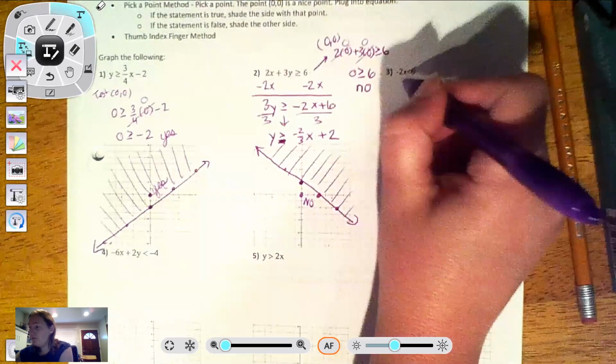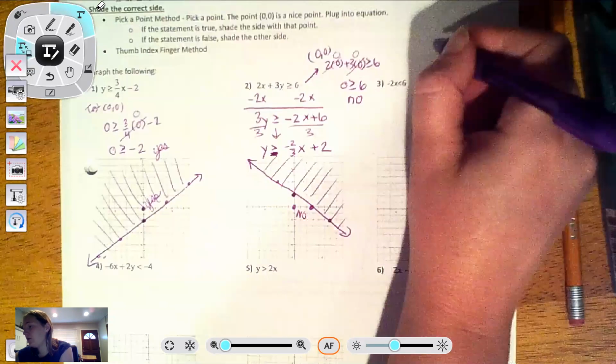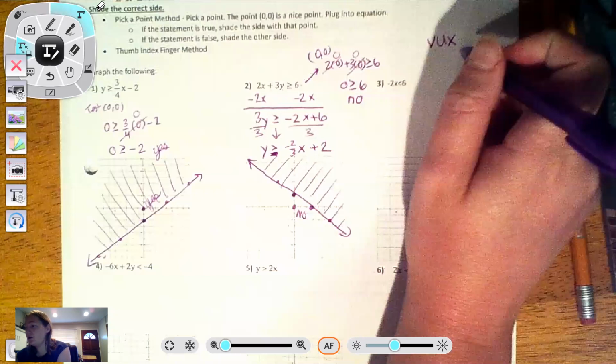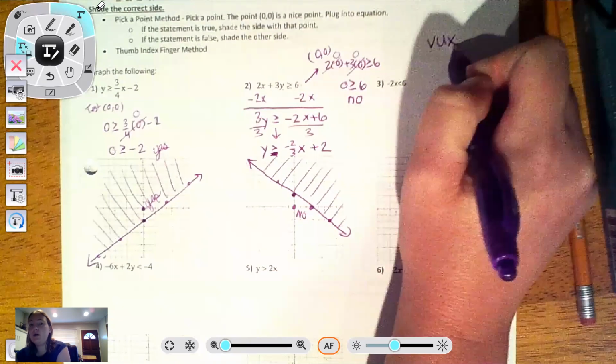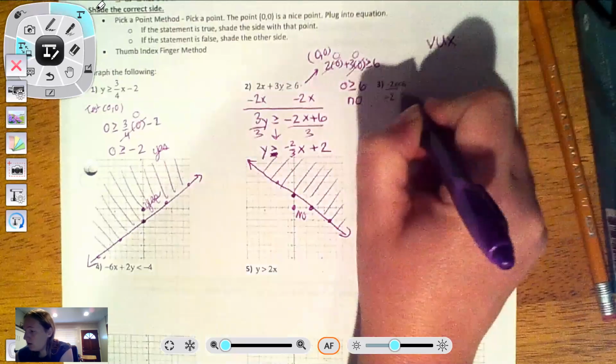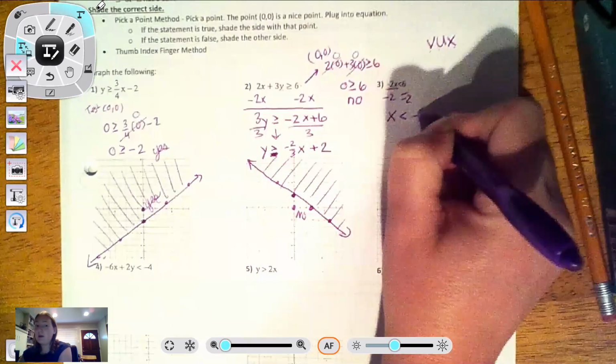This next one only has an x, and so it's one of those special cases. It's that vertical line case, if you remember from a prior lesson. The vertical line, undefined slope, x equals some number, no y's. x is less than -3. You can also think about the number line.